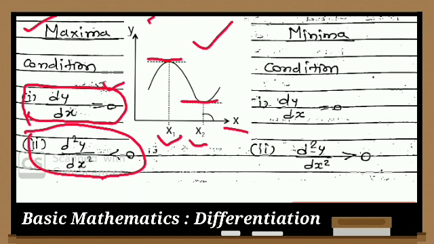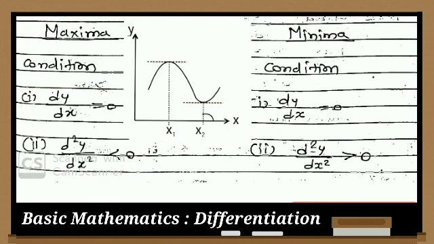First we will talk about the maxima. This is the condition for dy by dx equals 0, because the tangent is a straight line. When the tangent is horizontal, the value of tan theta is 0, and then dy by dx equals 0. This is the first condition.